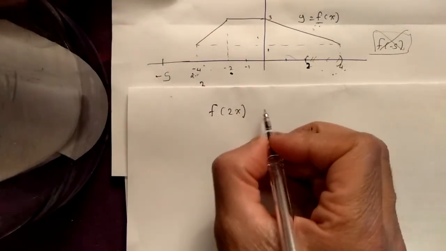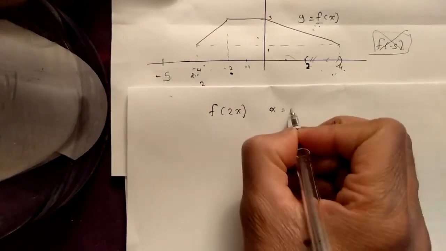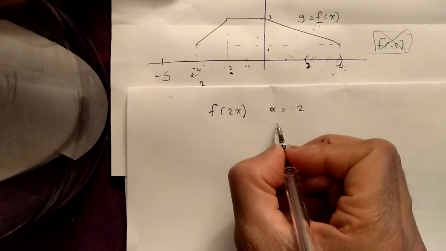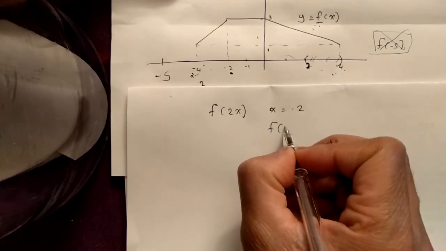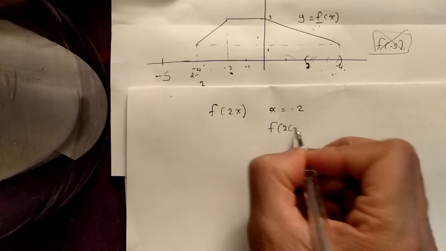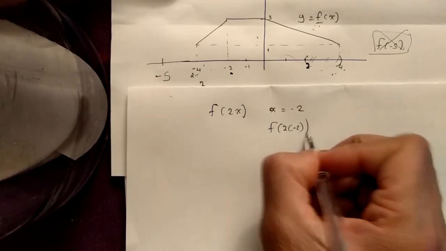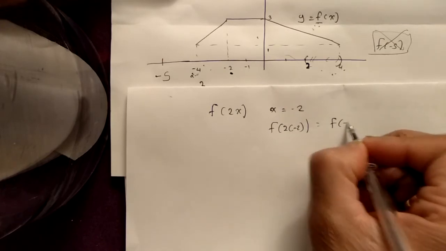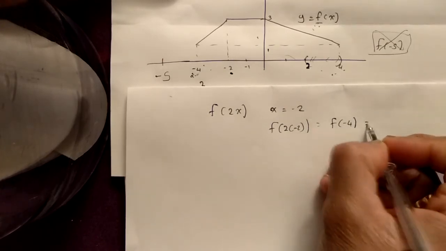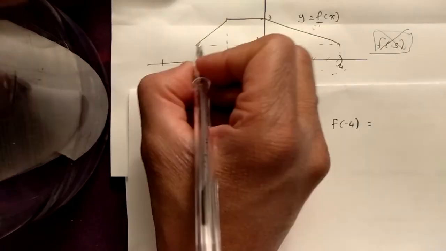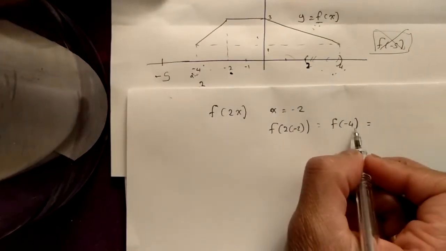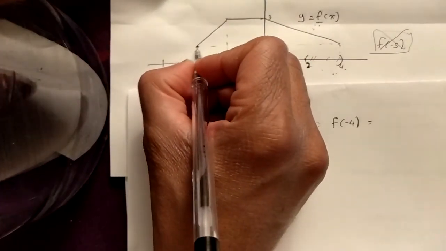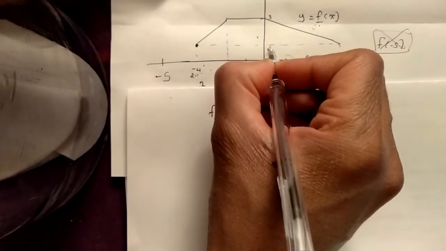And also, when x is equal to -2, the value of the function will be f of 2 times -2, and that will be f(-4), which, since this is the original function, f(-4) will be 1.